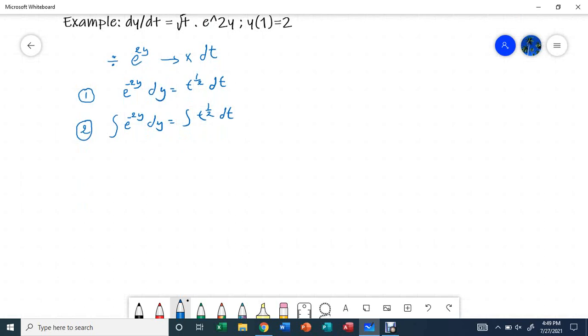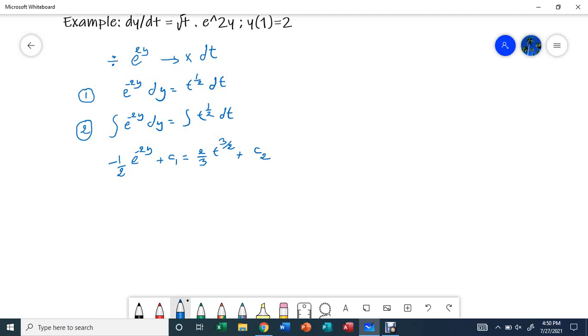So this will be negative 1/2 e to negative 2y plus some constant, let's name it c1, equals, on the right hand side I'm going to use the power rule, so it's going to be 2/3 t to 3/2 plus some constant, let's name it c2.